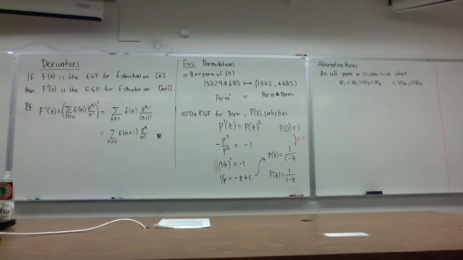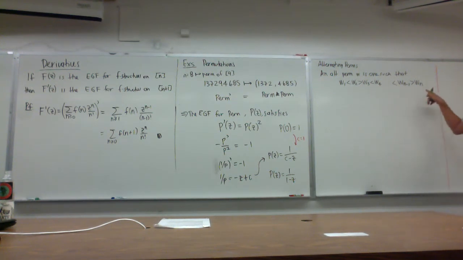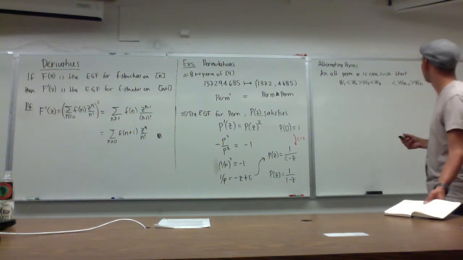What can you tell me about n? This is only going to work if n is odd, right? Because the bigger than come at odd positions. Bigger than W3, bigger than W5, etc. So this is only possible if n is odd.